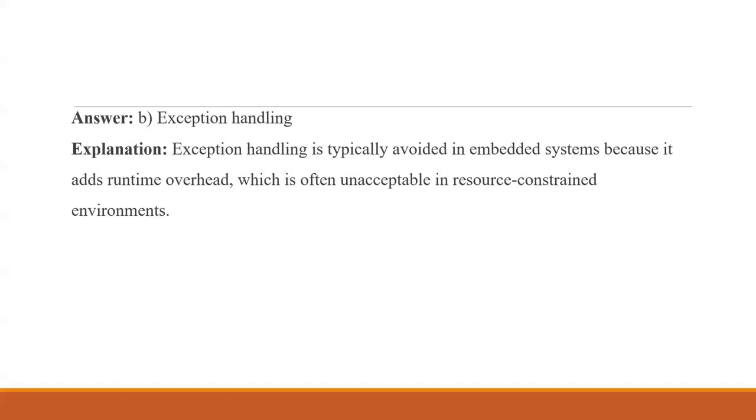So exception handling is typically avoided in embedded systems because it adds runtime overhead, which is often unacceptable, especially in resource-constrained environments. So where you have resource-constrained environments, it is unacceptable to use exception handling because it adds runtime overhead.